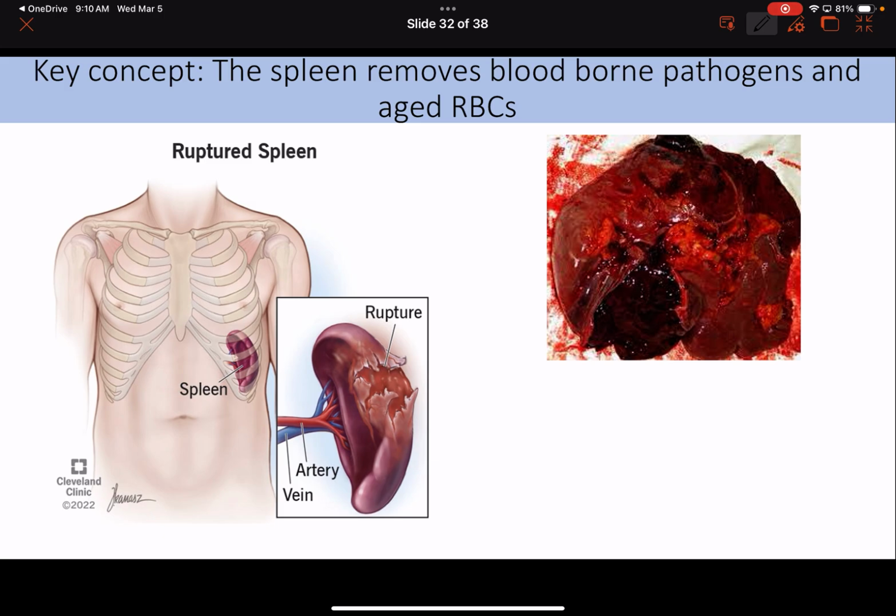Or it could rupture from a severe infection as well. So it can rupture due to a direct hit to the spleen, or severe infection. But either way, this is going to lead to internal bleeding. So it'll lead to bleeding in the peritoneum.